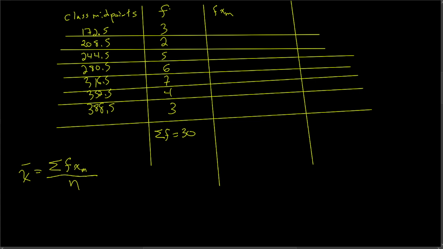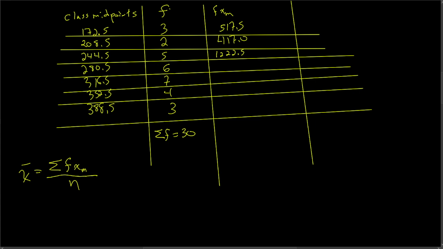So let's see, 172 times 3 is 517.5. And let's see, 2 times 208.5 is 417. And so we're doing the frequency times the midpoint. So 1222.5.